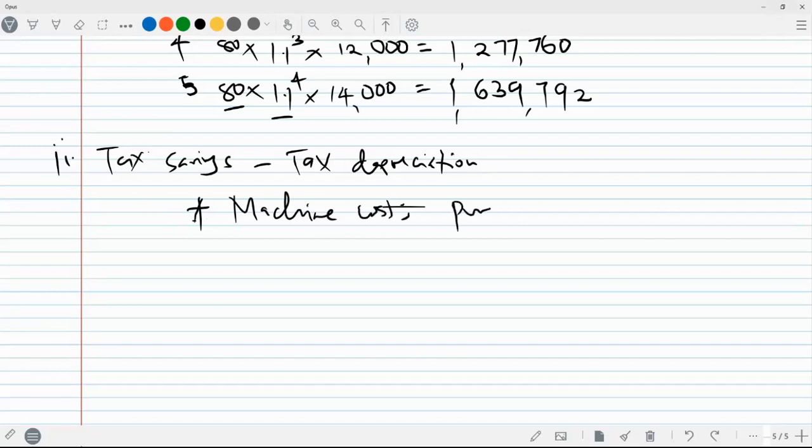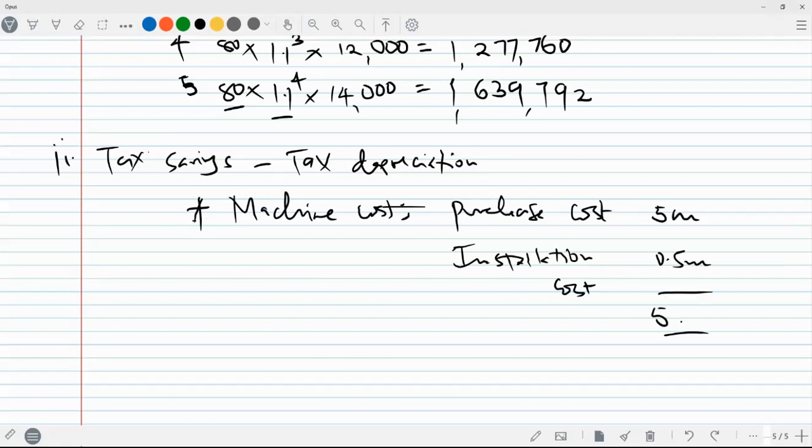First is the purchase cost, 5 million. Then you have the cost of installation, $500,000.